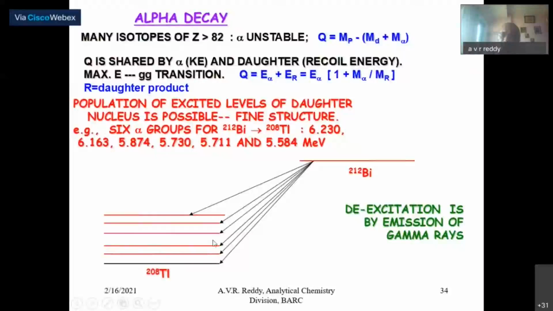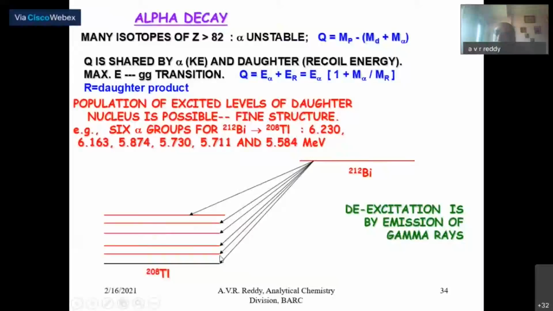And in the process, for example, in the case of bismuth decay, bismuth 212 undergoes alpha decay, and the product has 4 mass units less, that is 208, and 2 charge units less, thallium, this is 83 and this is 81. And they measured 6 groups of alpha energies.